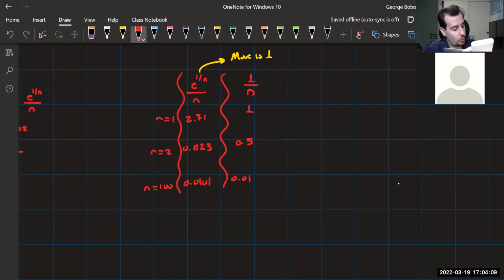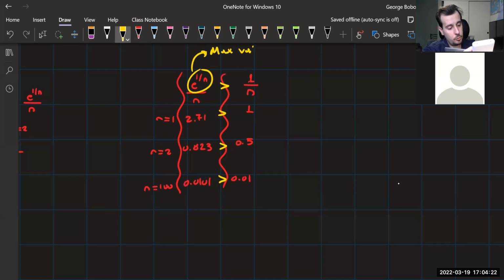You always have this one greater than the other one over here. So by looking at this max value, I'm explaining the logic here, it occurs at n equals 1 and is 1.